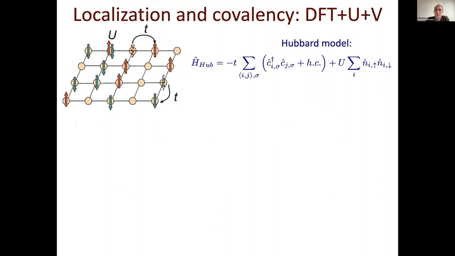So instead of using the simple Hubbard model I was discussing before, we use an extended version that also includes the interaction between electrons not only on the same atomic site, but also between neighbor sites. You can have nearest neighbor interaction, second nearest neighbor interaction. You will also see this afternoon when we do the hands-on section.